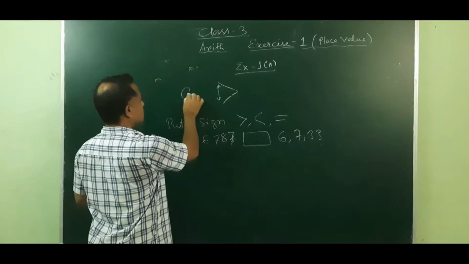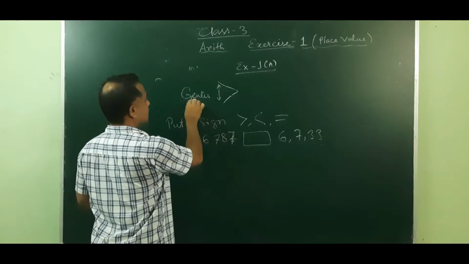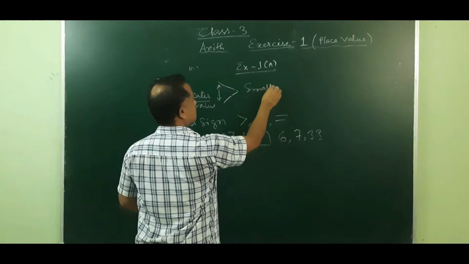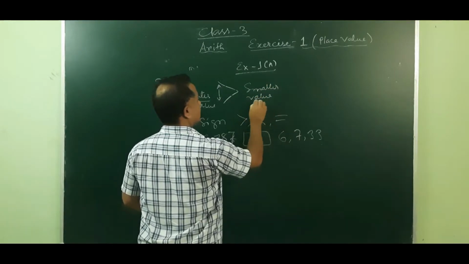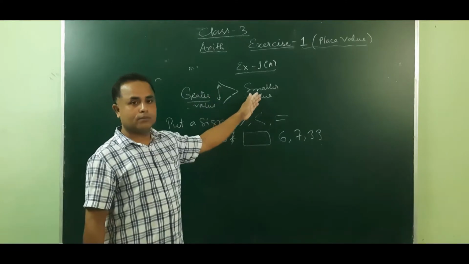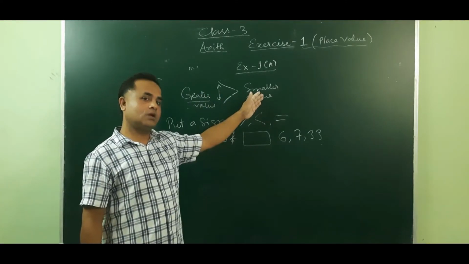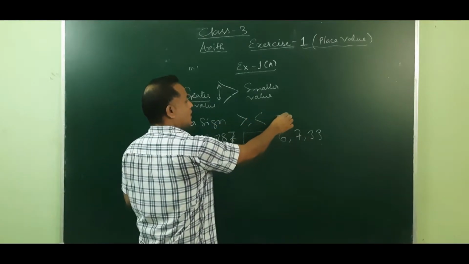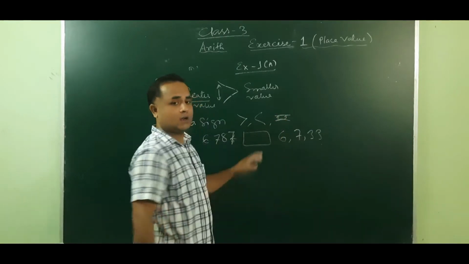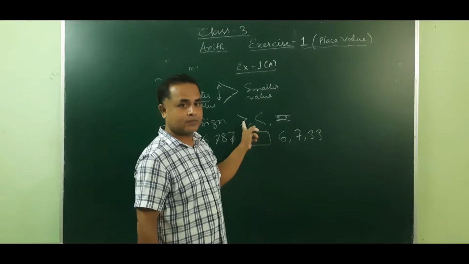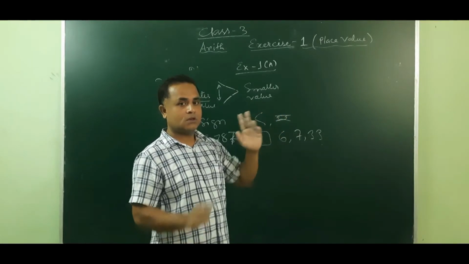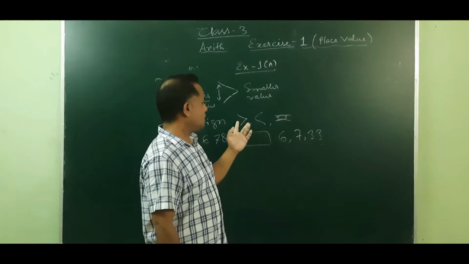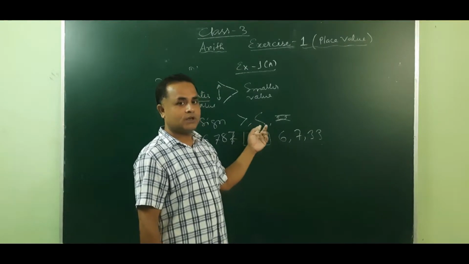So the greater value will be on this side, and the smaller value will be on this side when you compare any two numbers. This one means what? The two sides are the same. That means this means equal. Same, but here not same. Here it is same. It means when you compare two numbers, if the two numbers are the same, then we will write this sign.